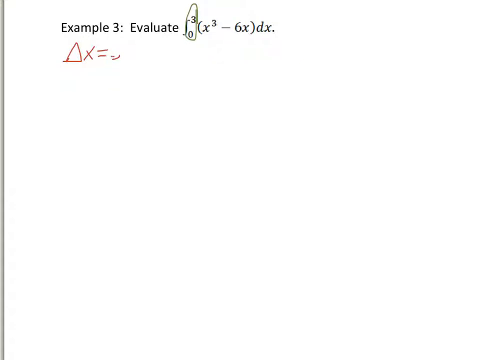So we just take 3 minus 0 over n, because we don't actually have a number for infinity, so we're not going to divide by infinity until the very end. So our change in x in this case is 3 over n. The way that I like to think about the change in x formula is b minus a over n. Okay, so we have 3 over n as our change in x.